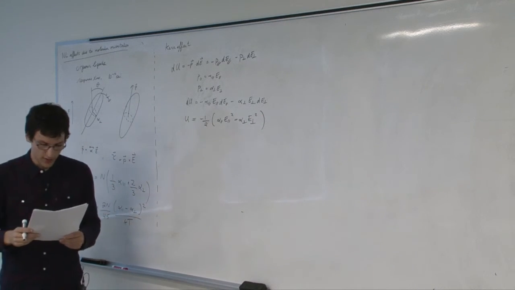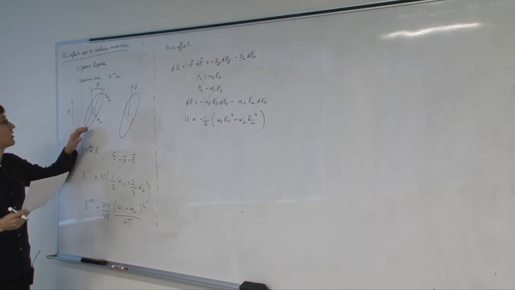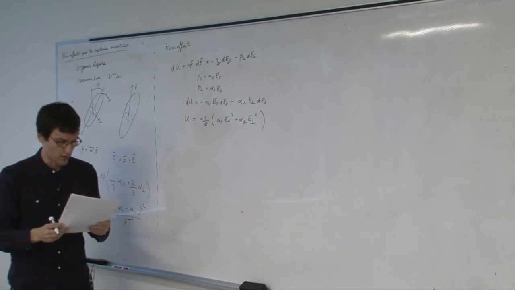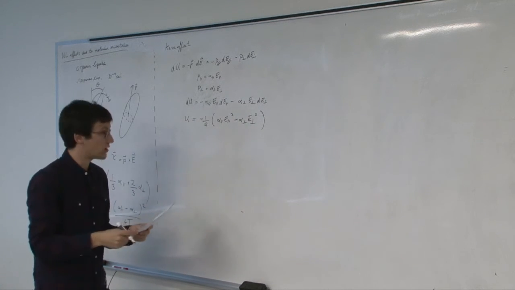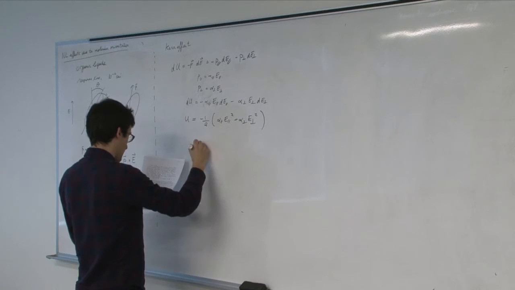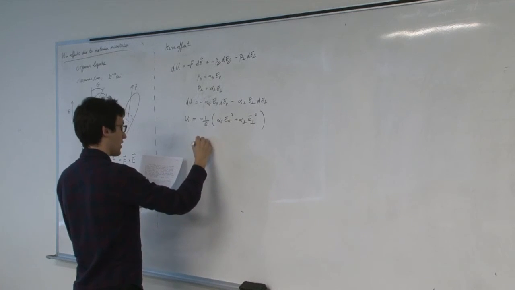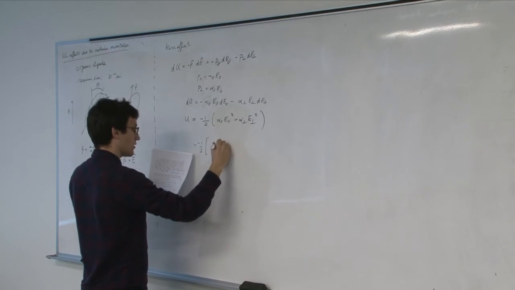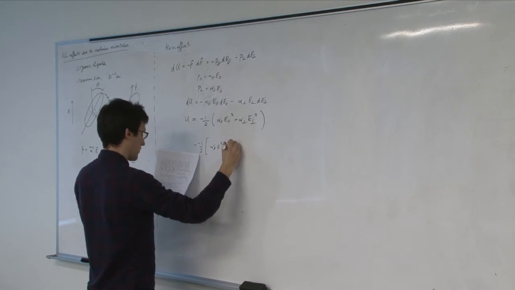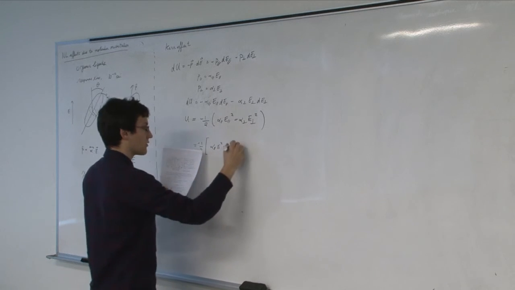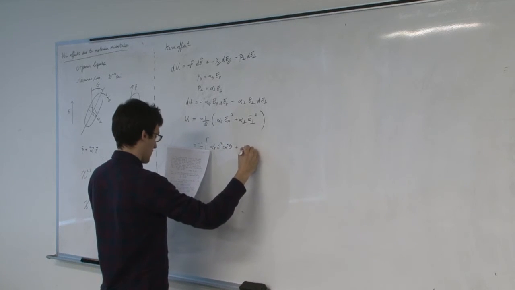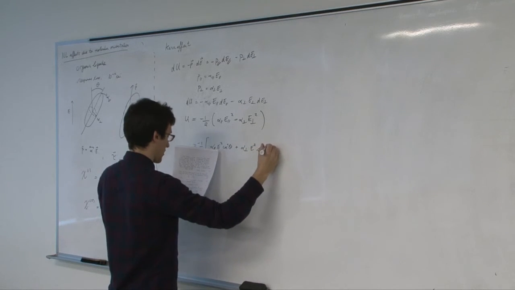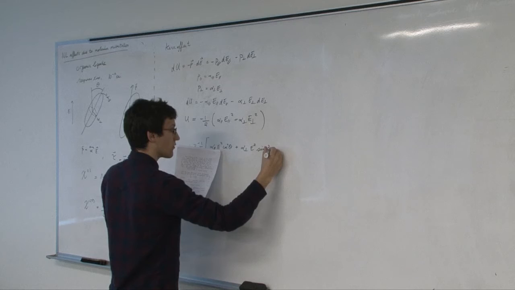As I mentioned, theta is the angle between the electric field and the symmetry axis of the molecule, and we can rewrite this equation as minus 1/2 alpha parallel E square cosine square of theta plus alpha perpendicular E square sine square of theta.